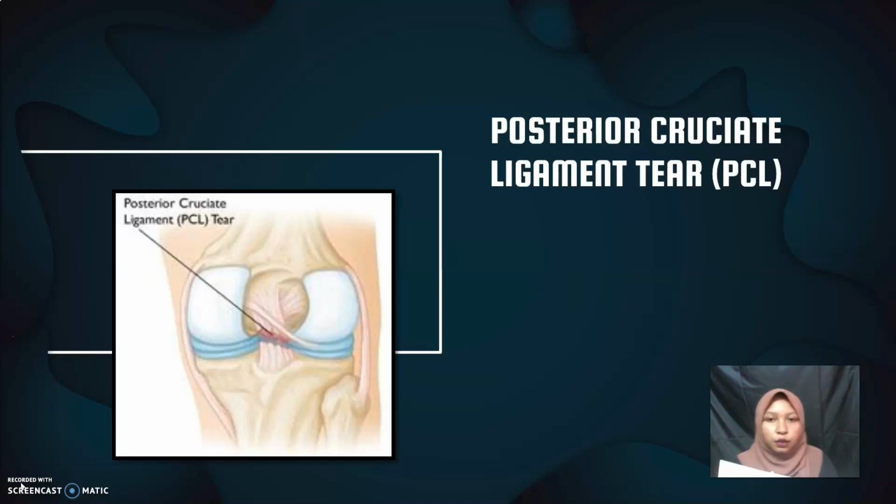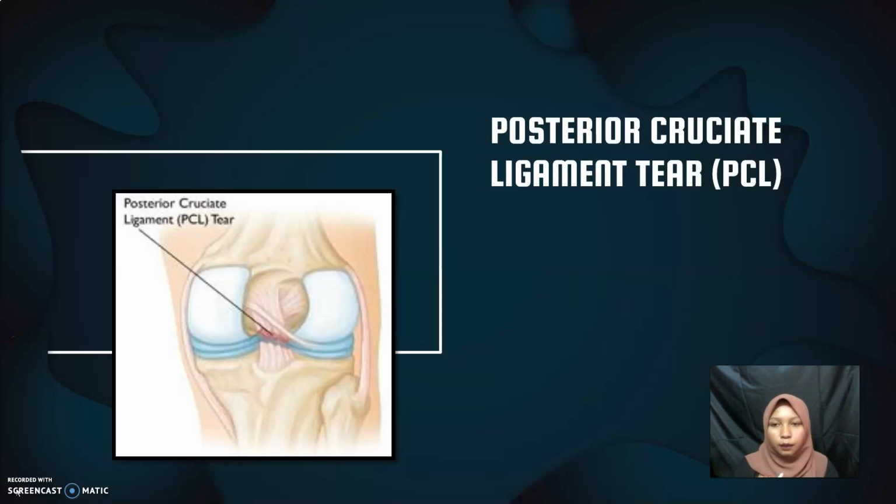The PCL has two parts that blend into one structure that is about the size of a person's little finger. PCL tears tend to be partial tears with the potential to heal on their own. People who have injured just their PCL are usually able to return to sports without knee stability problems.